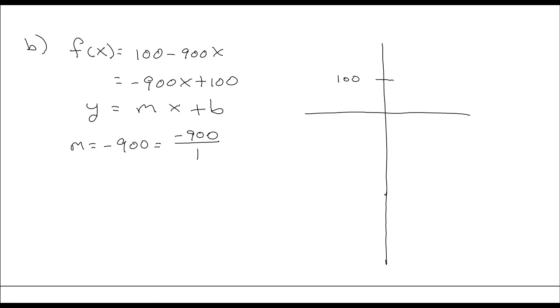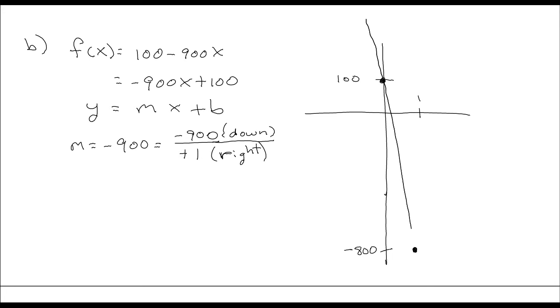For the top, in the numerator, that determines going up or down, and since it's negative, I'm going down. For the positive in the bottom, that's right or left, but since it's positive, I'm going to the right. So I'm going to go down 900 units from the 100, down to negative 800. And then I'm going to go to the right 1 unit. So here's the next point, using the slope to get there from the intercept, and then just draw a line connecting them.